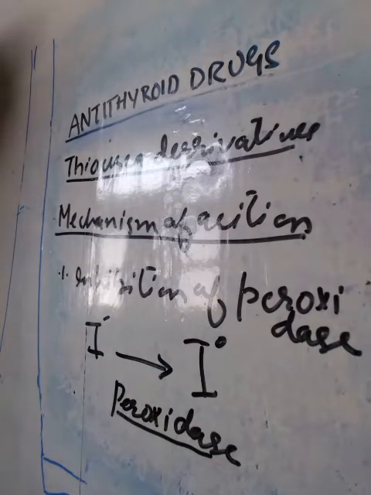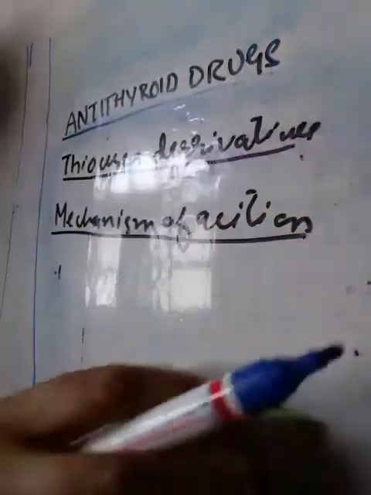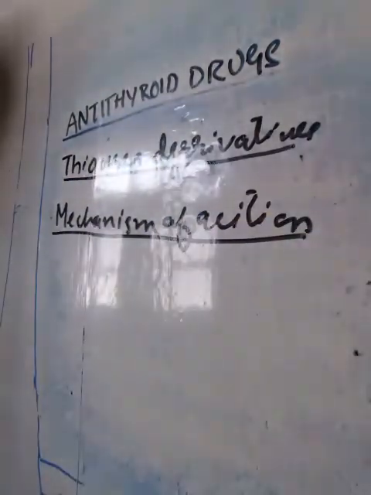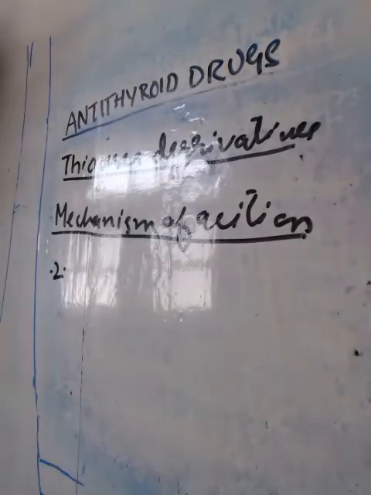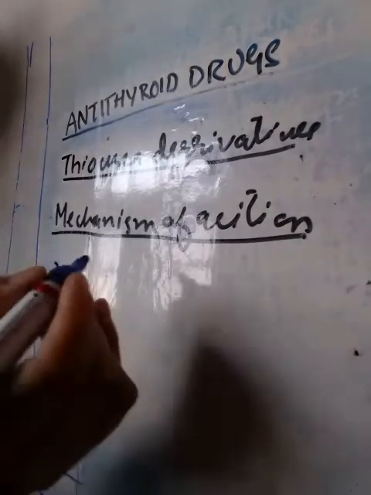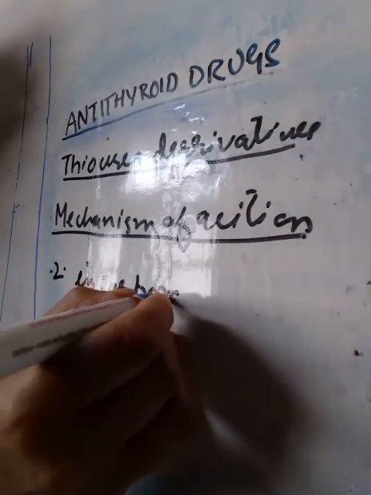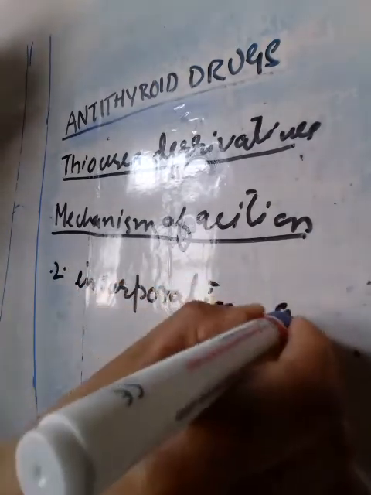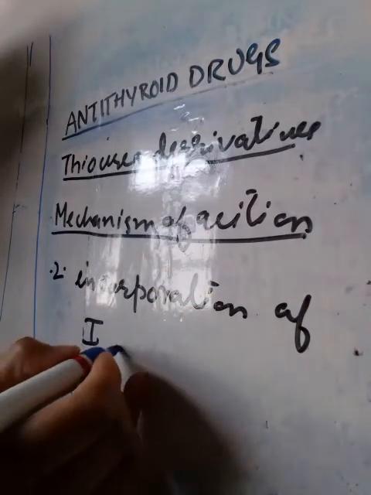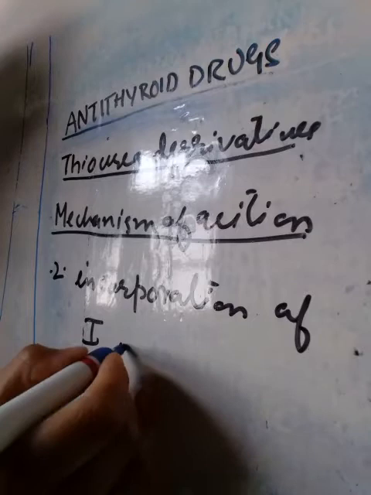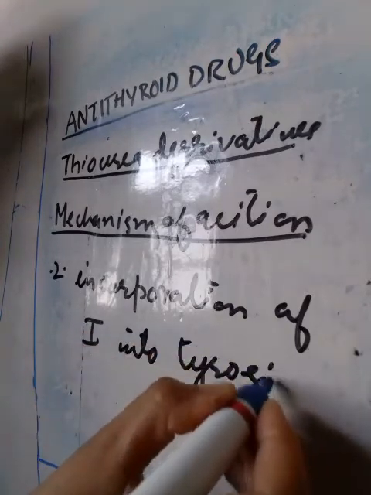This was the first step. Next, we know that in the synthesis of thyroxine hormone, there is incorporation of iodine into tyrosyl residues.